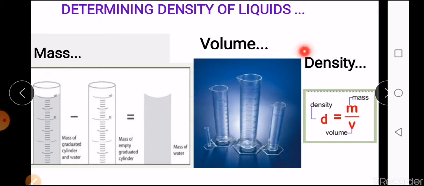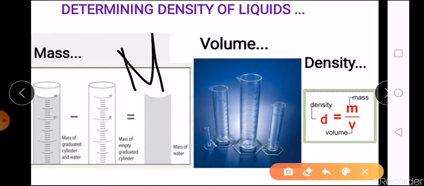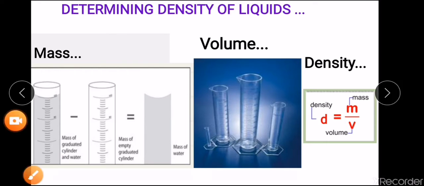Now together with that container and the liquid, you are again going to take the mass on a beam balance. That mass you are going to take as M2. Got it? Now you have the mass of the cylinder and liquid together and that of the empty cylinder or container you have taken.